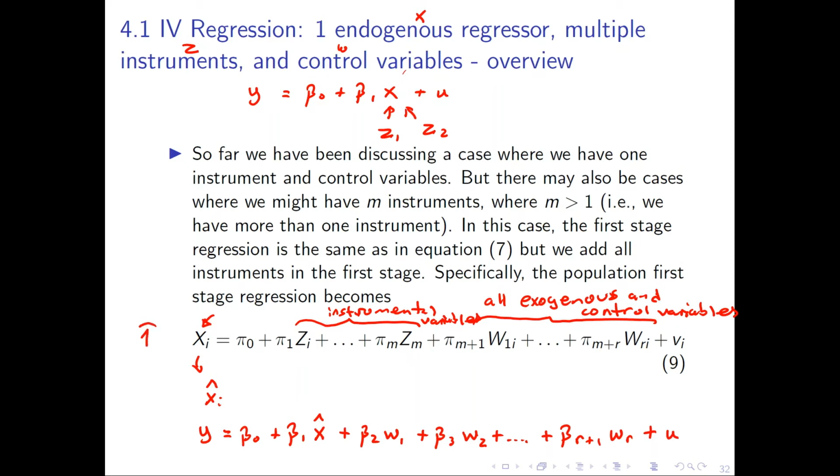So this first step is just to regress x on all the instrumental variables plus all exogenous and control variables to get the exogenous part of x, which is stored in x hat, and this x hat you use in the second stage regression along with all exogenous and control variables to explain y, and the coefficient of interest is this one.